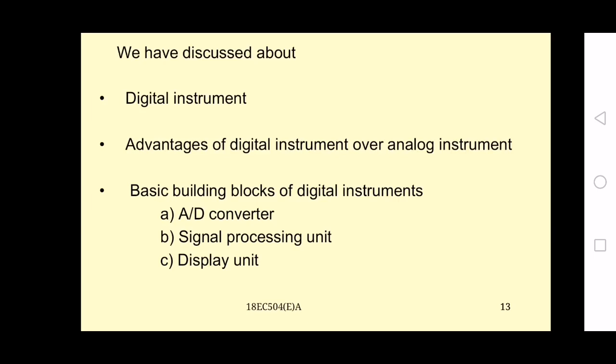For that we convert the analog signal into a digital signal by the analog to digital converter, that is processed, decoded and driven to the display unit by the signal processing unit, and finally we display the digital readout on the LED or LCD display, which is mostly of the 7 segment type.